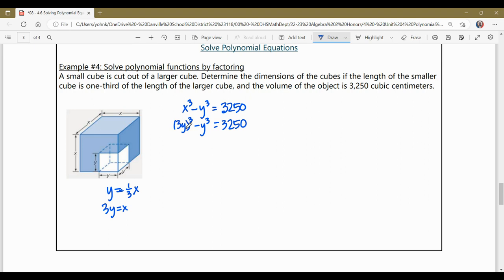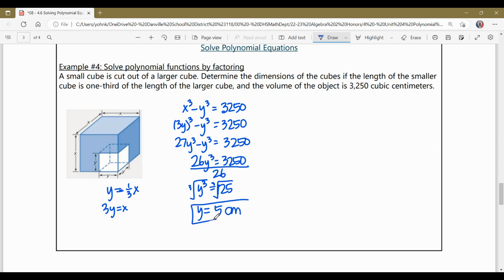Well, 3y quantity cubed is 27y cubed, minus y cubed equals 3,250. If I subtract on the left, I get 26y cubed equals 3,250. If I divide everything by 26, I get y cubed equals 125. I cube root both sides, and I get y equals 5 centimeters. So if y is 5 centimeters, x is 3 times 5, or 15 centimeters.